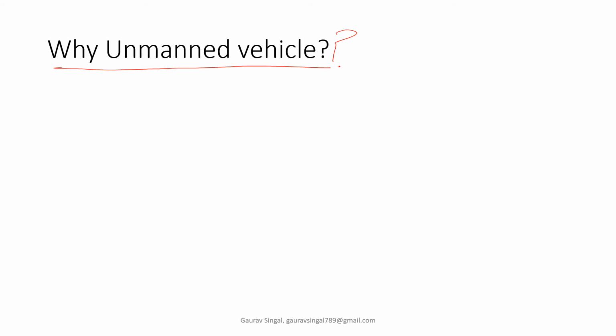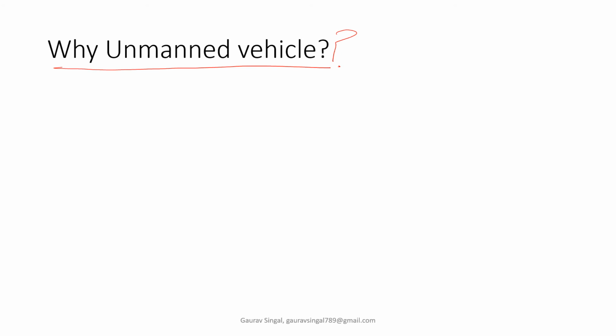Basically we want to use this kind of system for applications in which there could be a risk to human life. In any case we don't want to lose any human life. That is the main use of unmanned aerial vehicles.